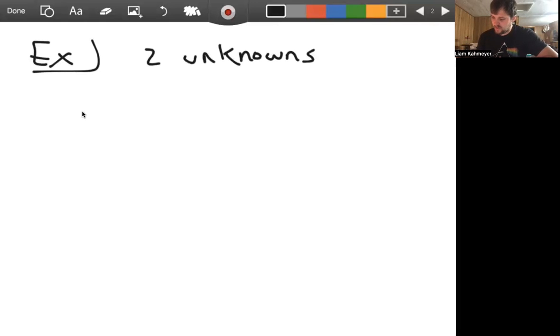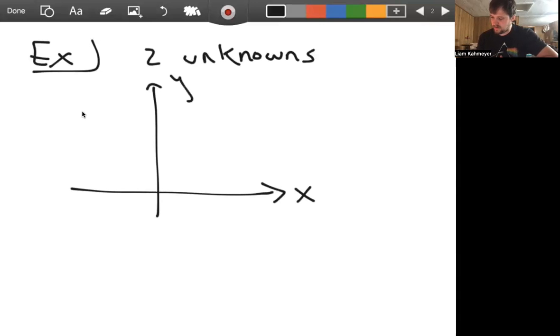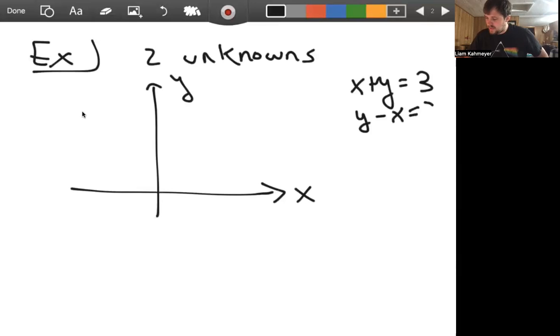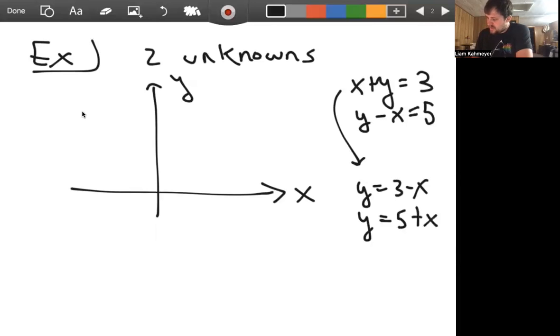Let's say we have the equations x plus y equals 3 and y minus x equals 5. If we were to graph these, the first one turns into y equals 3 minus x, and the second one turns into y equals 5 plus x.